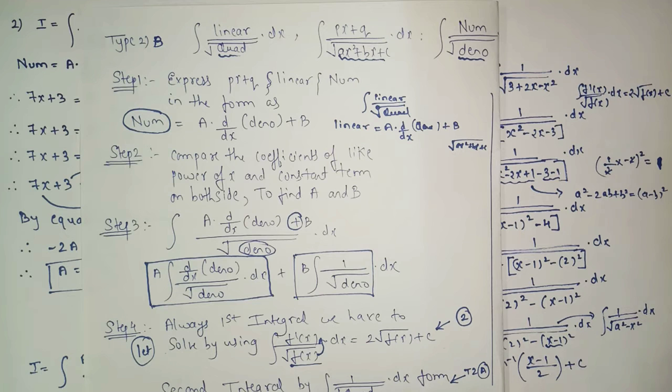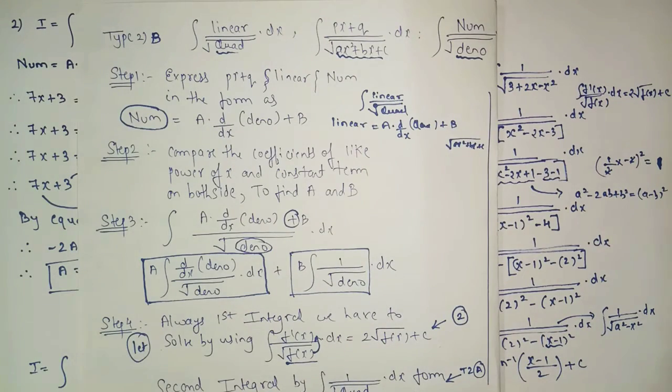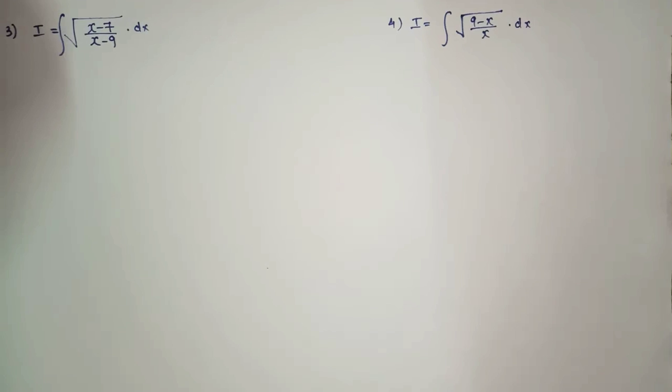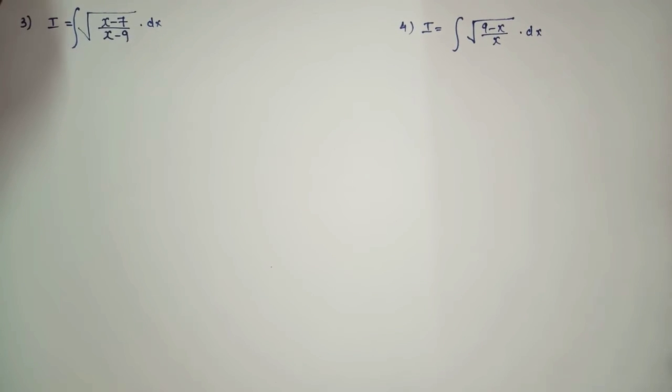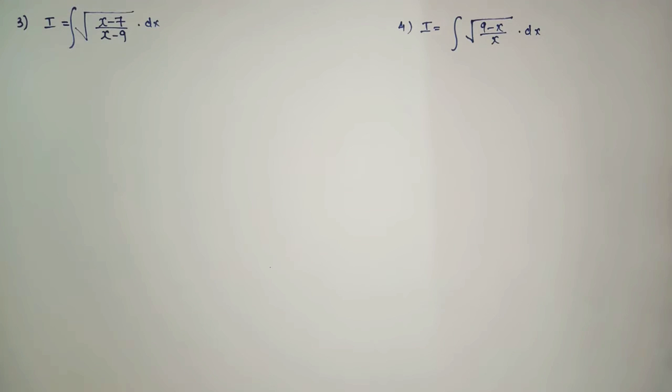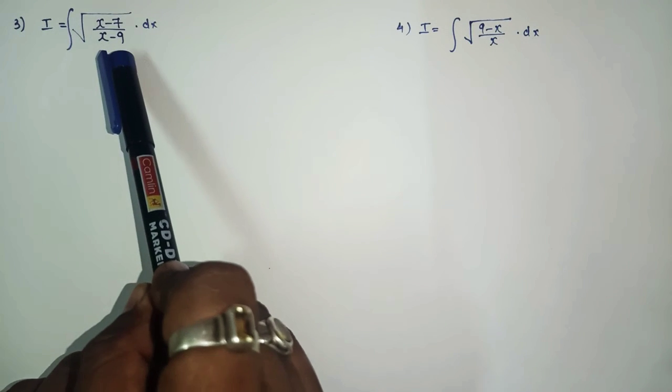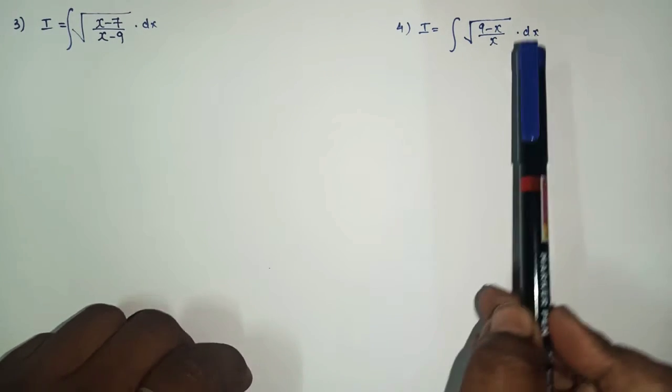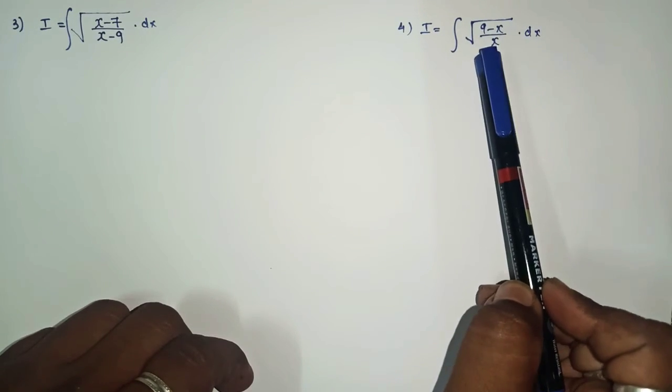There are two sums in the exercise which are a little different, but we have to solve those two sums using this method only, type number 2b. Okay, so let's take those two examples. This is the format: integral root x minus 7 upon x minus 9, root 9 minus x upon x.